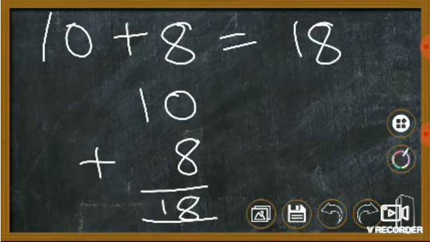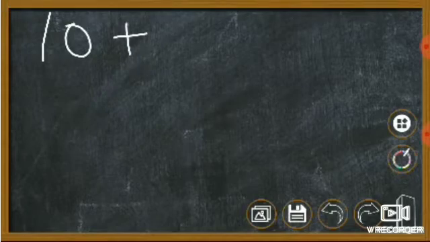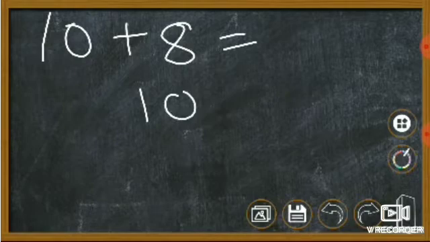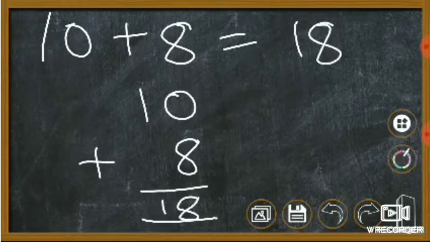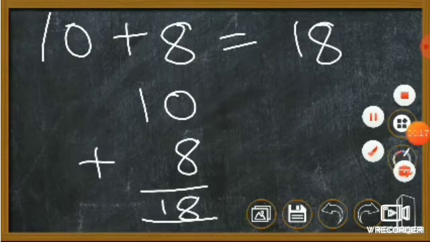Next, we are going to add 10 plus 8. 10 plus 8. 0 plus 8 is 8 and bringing down 1, it becomes 18. The answer is 18.